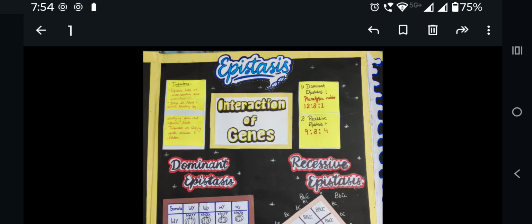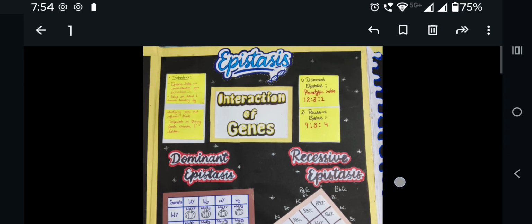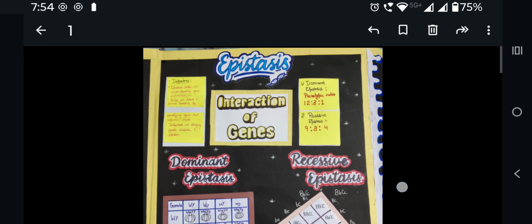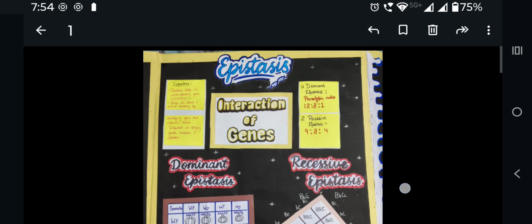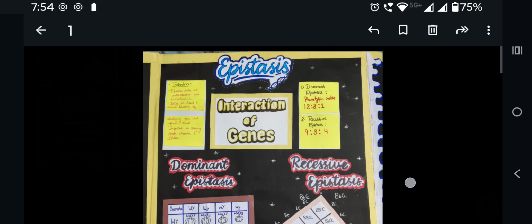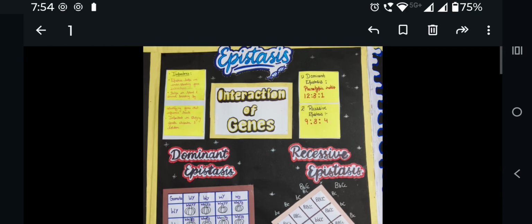So the topic is epistasis, that is, it is due to the interaction of genes. In Mendel's law there was a law of dominance, and Mendel's laws and their ratios were normally different. But in non-Mendelian inheritance, there are modifications from the Mendelian ratio which he found at that time.